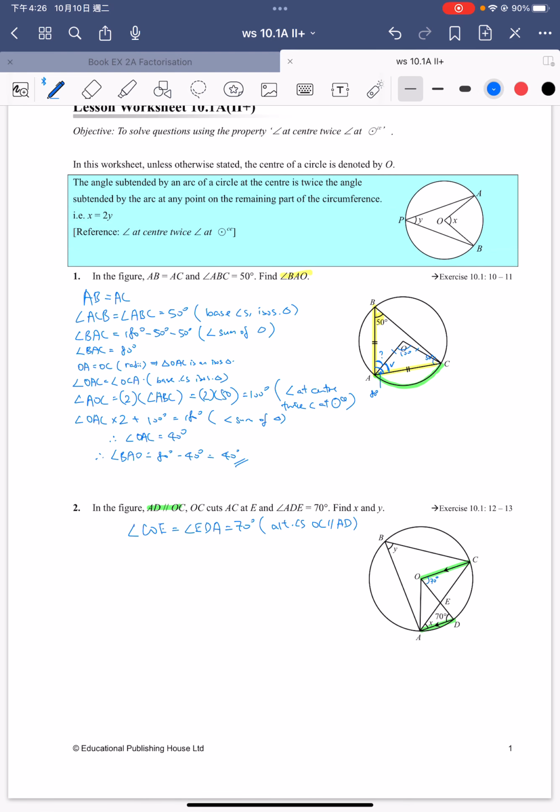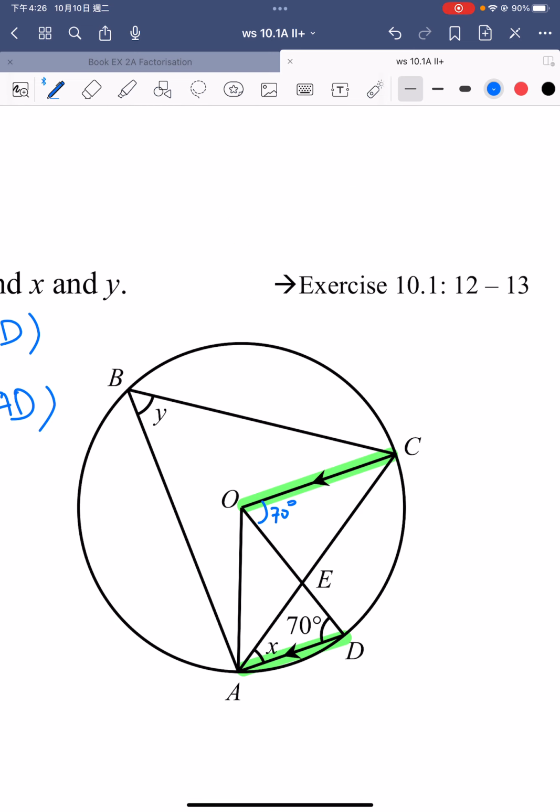We have the angle OCA. OCA is equal to angle EAD, which is going to be equal to X, and still using the alternate angle, OC is parallel to AD, so that we can write this angle to be X as well. So what's the next part we can use?